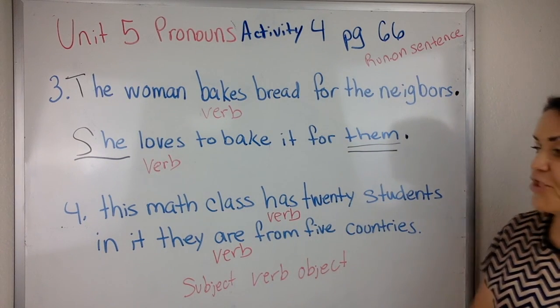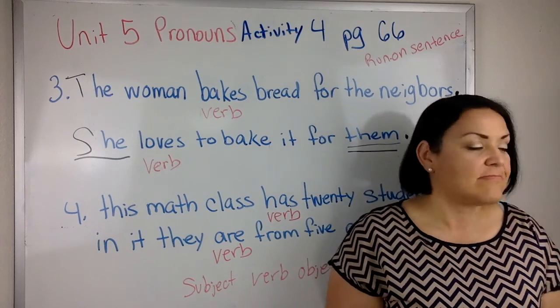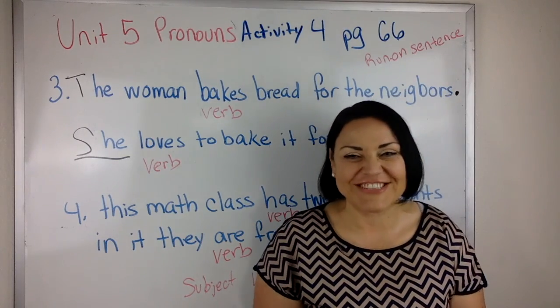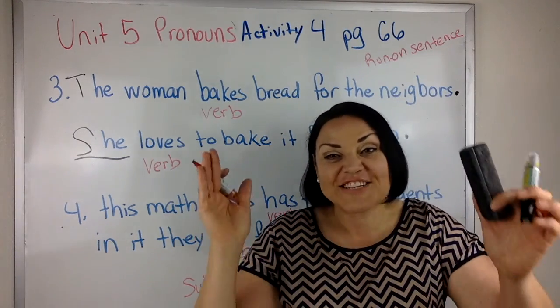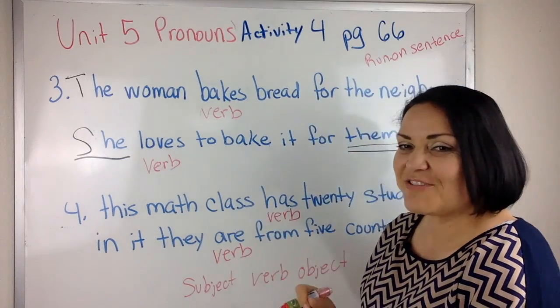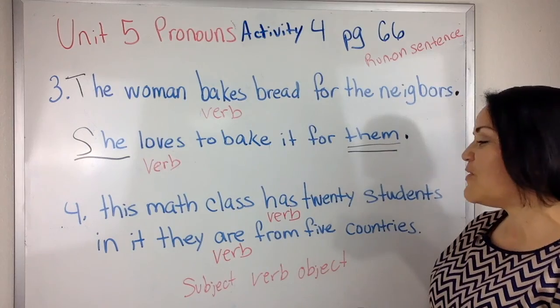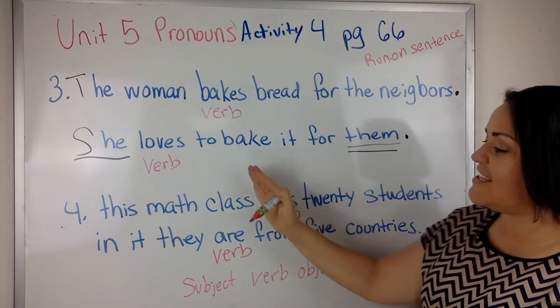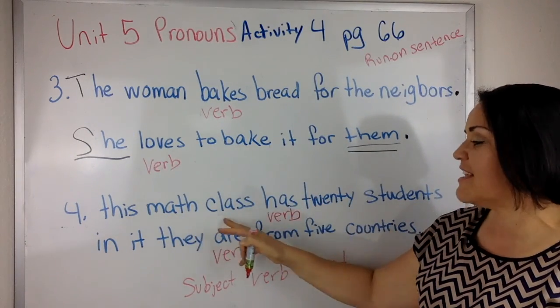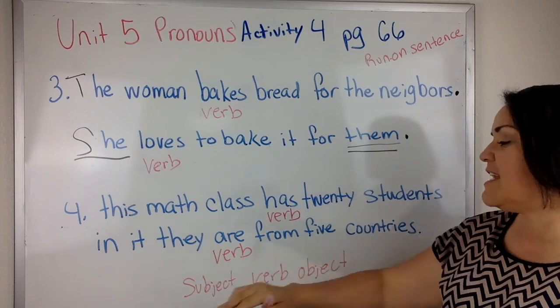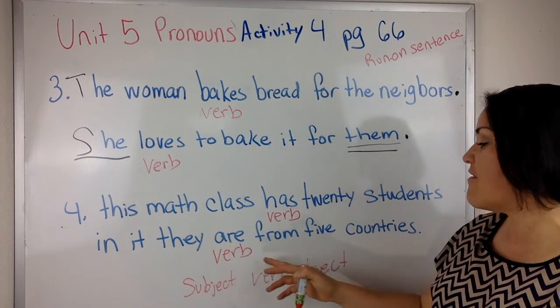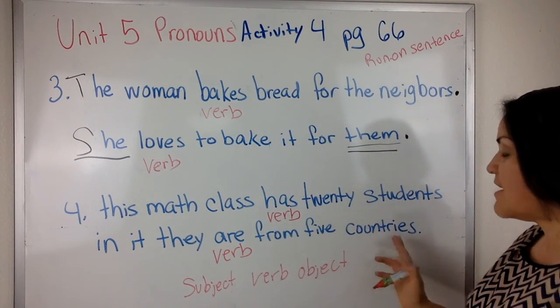Okay, so now we need to break it apart. Make sure I'm not standing too far outside. It's hard. I got a small board, but I'll try to stand where you can see me. So before this, it has this math class has 20 students in it. They are from 5 different countries.